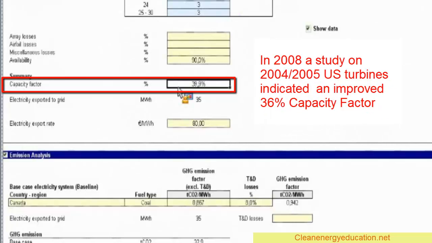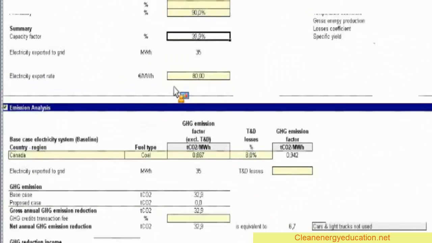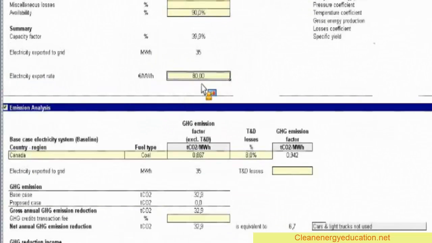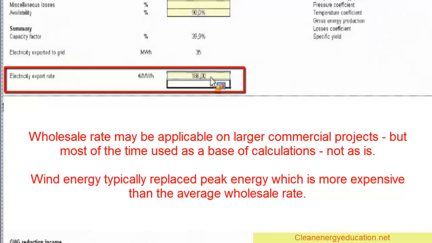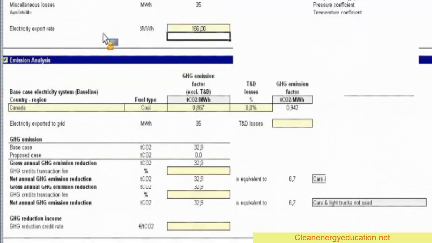Usually for a big wind project, the capacity factor is about 25%. For the export electricity rate, we can either choose this price, which is, let's say, the wholesale market price, but we decided to introduce 166, which is the household electricity price.